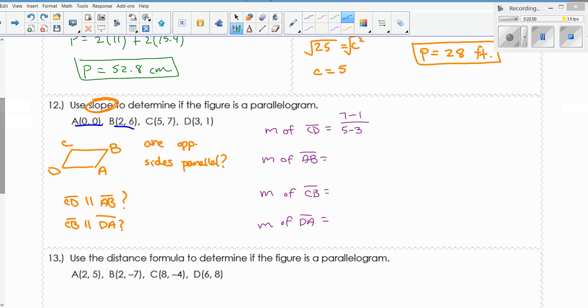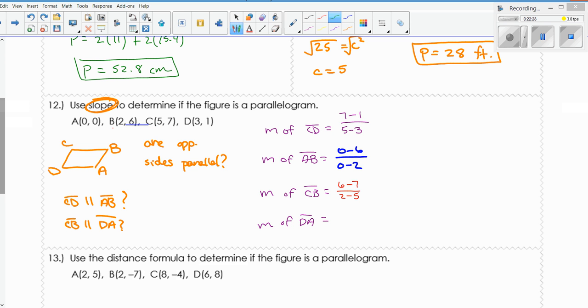My y's would be 0 minus 6 over 0 minus 2. Now I'm looking at CB, which are here and here. My y's would be 6 minus 7 over 2 minus 5.